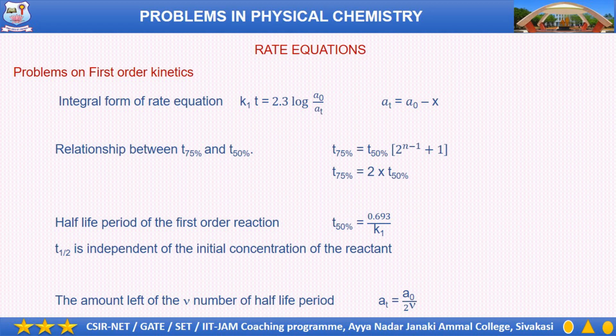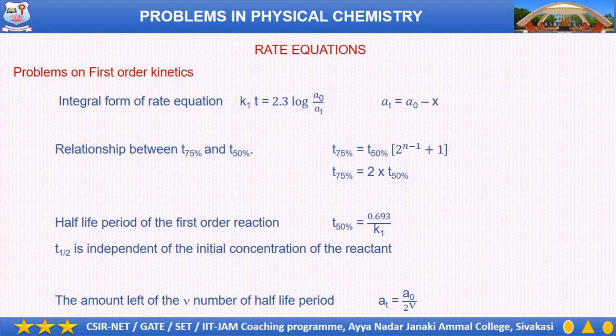And another is the relationship between the T75% and the T50%, which is 2 power n minus 1 plus 1 into T50 conversion. And you have already seen that for first order, T75% is nothing but 2 into T half.